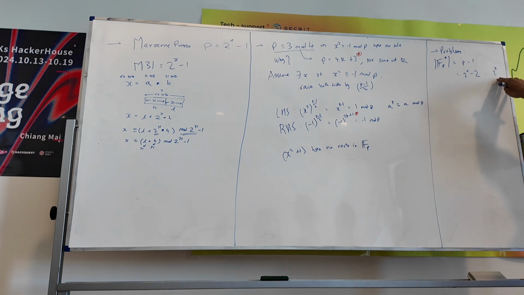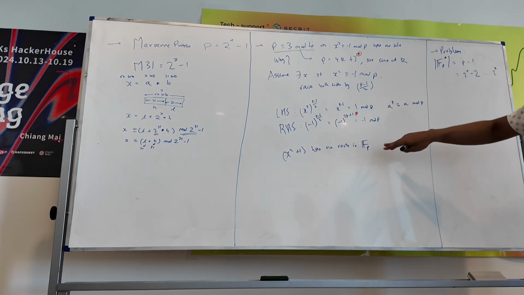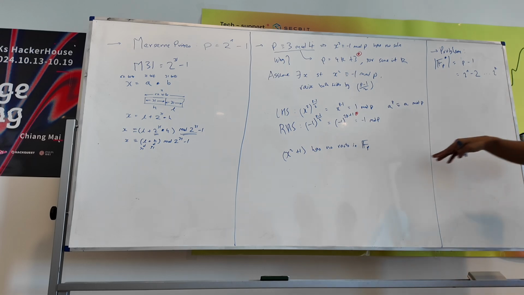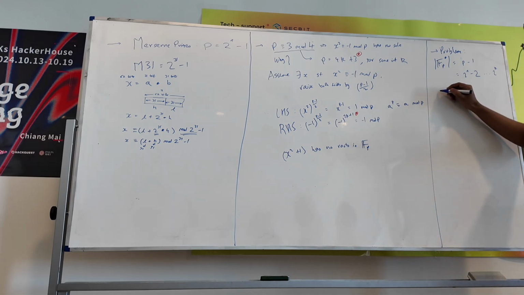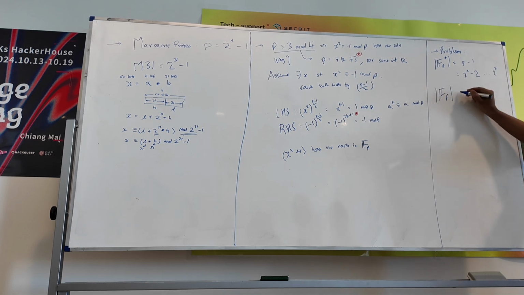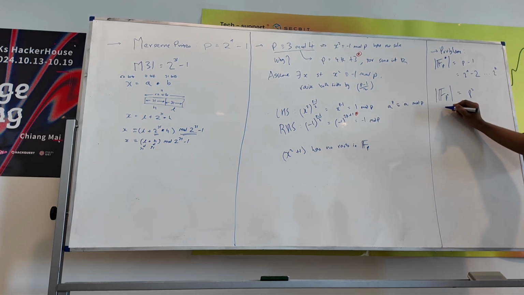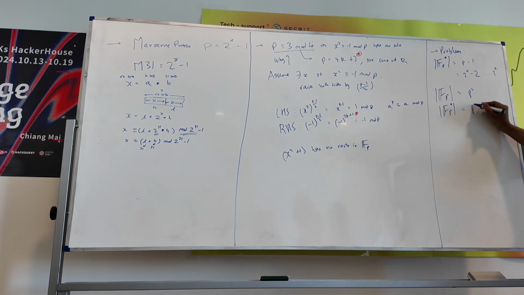To overcome this issue, like I said, we work with quadratic extensions of FP, where we are working with FP square. The size of FP square will be p square, and the size of the multiplicative group will be p square minus 1.